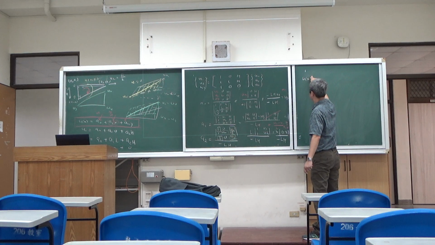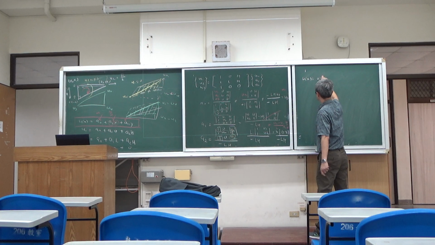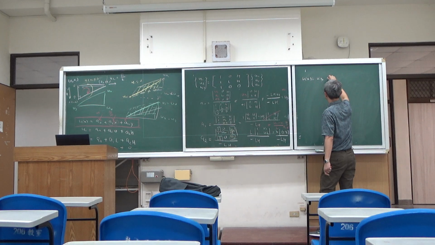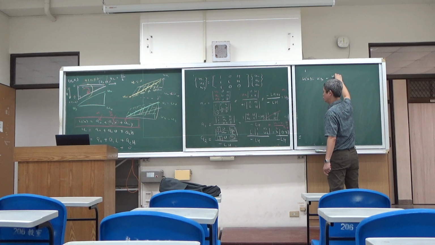So in that way, u of x is equal to u3, and then minus u2 minus u1 over L times x.